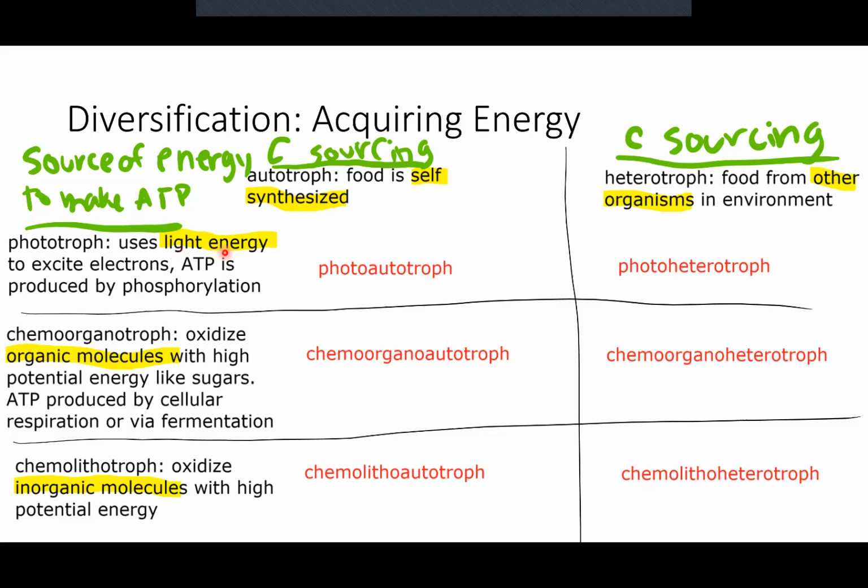Phototrophs use light energy. Chemoorganotrophs use organic molecules. Chemolithotrophs use inorganic molecules. So the book gives a lot of examples of specific organisms that are different combinations of these. And it's interesting to look at because there's a ton of different varieties.